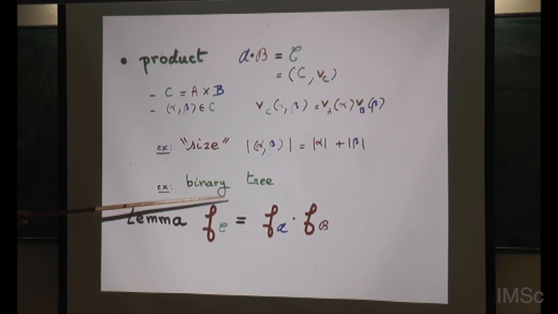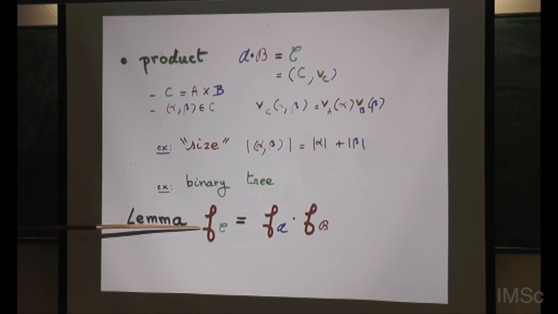Example of binary trees. A binary tree, if it's not reduced to a single point, was a triple: the root multiplied by two binary trees. So this is now a rigorous definition of the product of binary trees.